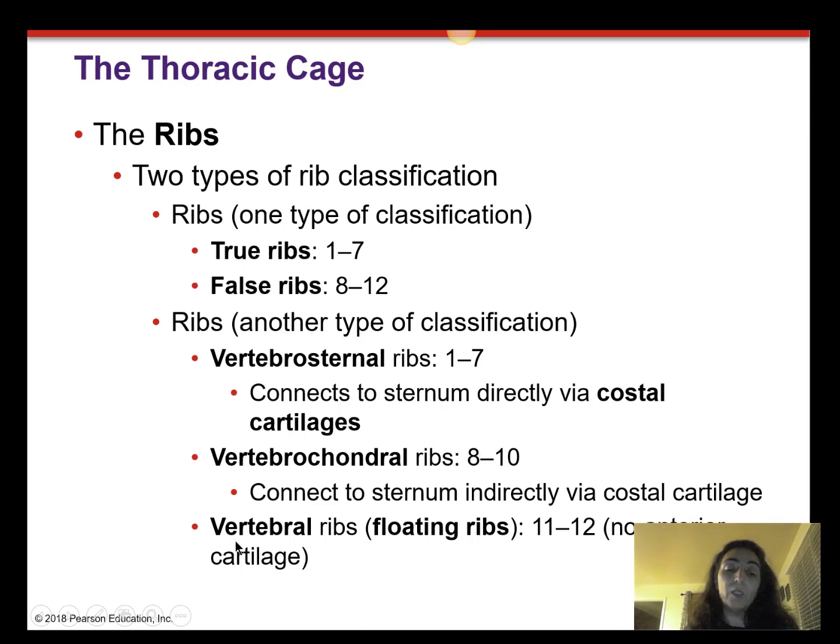And the last part is pairs 11 and 12. These two do not have any anterior cartilage, and the ribs are not completely coming out anterior, but remain mostly on the posterior part. Therefore, they are floating, and we call them floating ribs or just vertebral ribs, because they are attaching only to the vertebra, to nothing else.